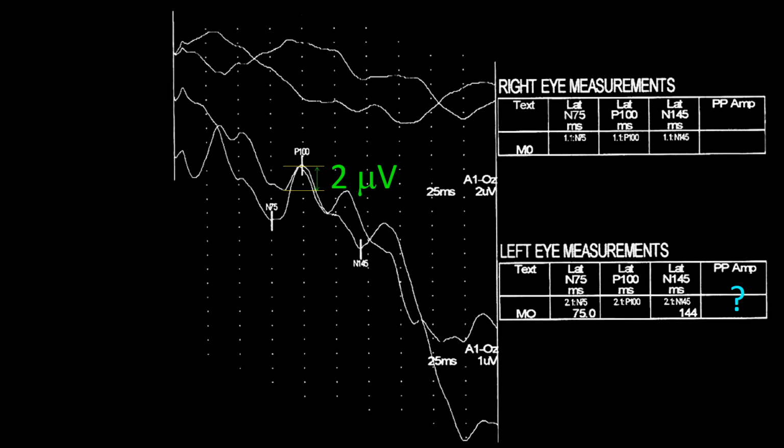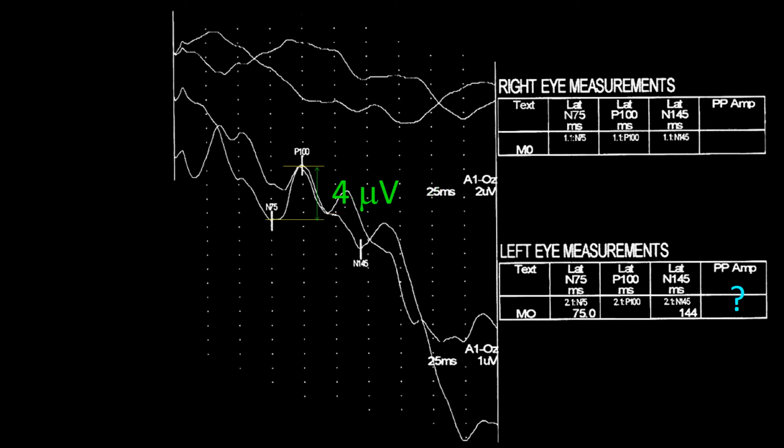In this frame, the amplitude of the smaller wave is calculated. This is not right because we must always choose the wave with the larger amplitude for calculations. In this frame, the measurement is also wrong because the P100 was measured in relation to the following wave and not the preceding wave.